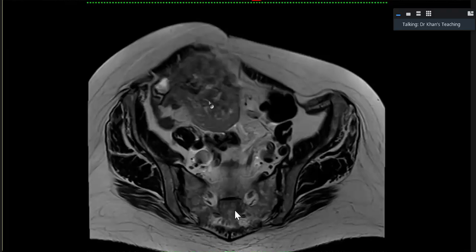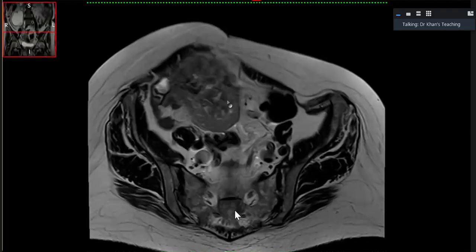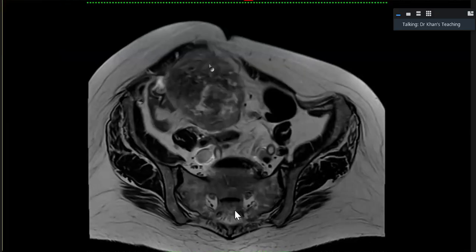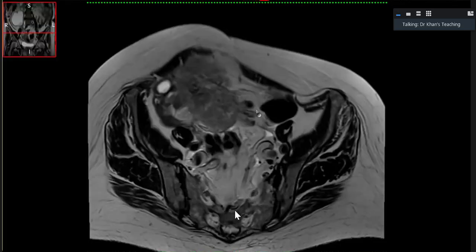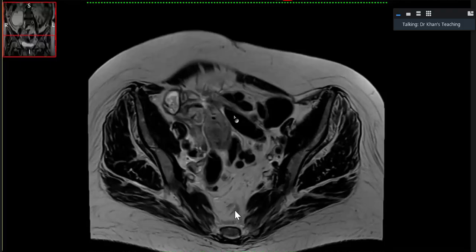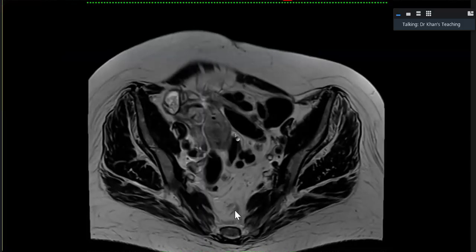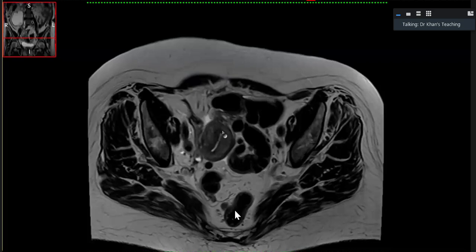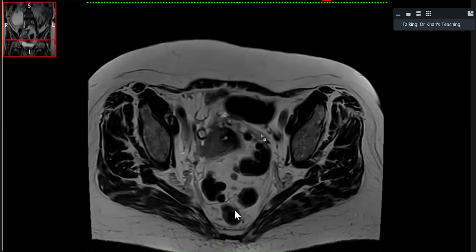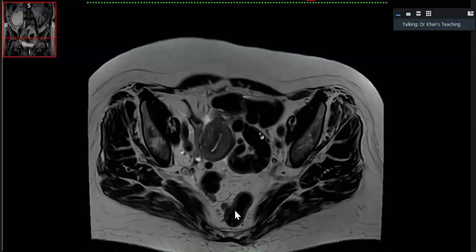It has got solid as well as cystic parts. And this is the component which you will see post-contrast. There's a bit of necrosis also. So it enhances. This is that malignant type of picture. And then it is sort of adherent to the uterus. So that was the finding.